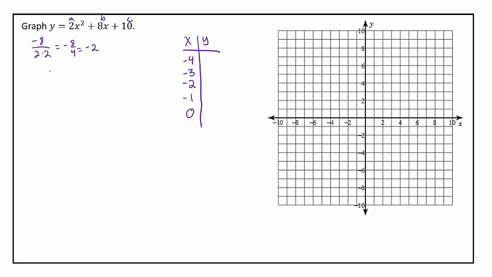So let's start plugging in. And again, if you can do some of this in your head, that will make it quite a bit easier. Like this is 16 times 2 is 32, minus 32 plus 10, so that's 10. Plug in negative 3.